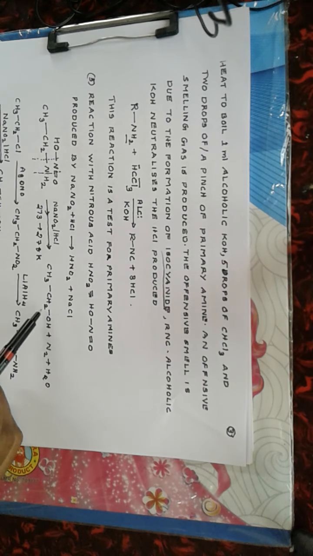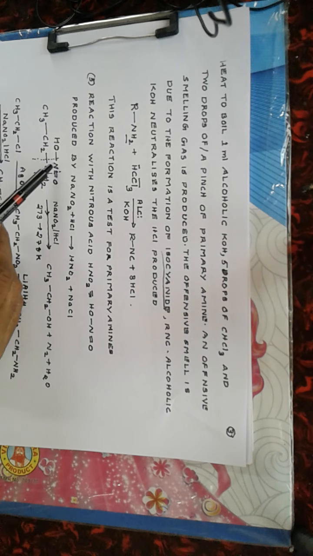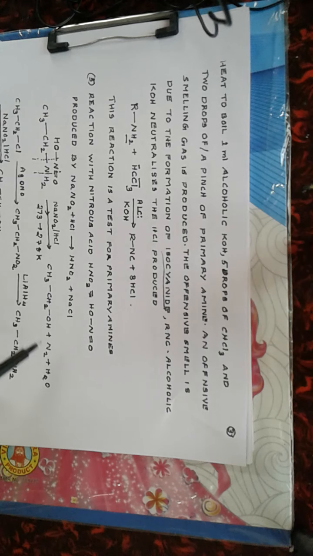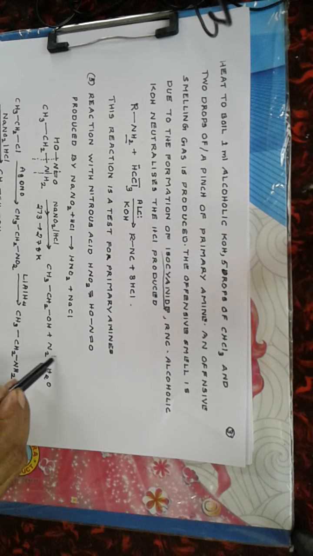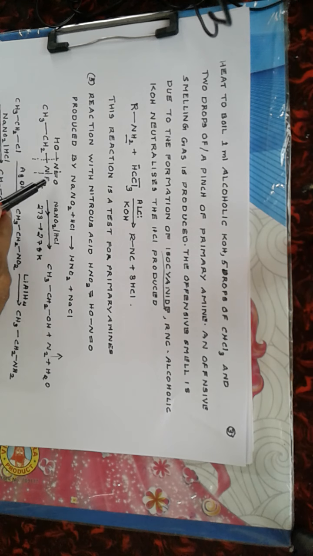So that is one product, that is alcohol. The second compartment contains N2, that is nitrogen gas. And from the third compartment we get H2O. So a primary amine can be converted to alcohol by reaction with nitrous acid produced inside the reaction mixture by reaction between sodium nitrite and HCl.